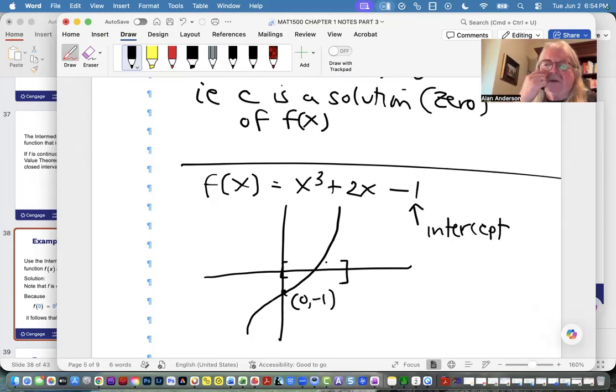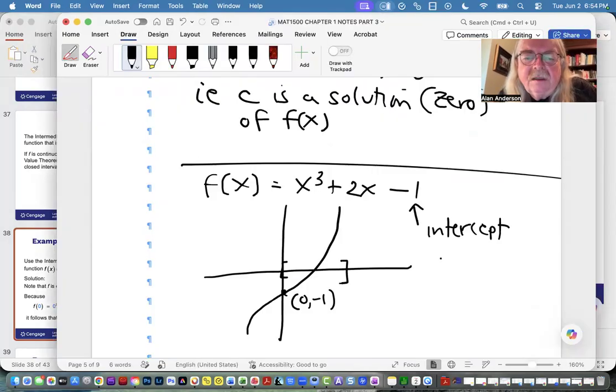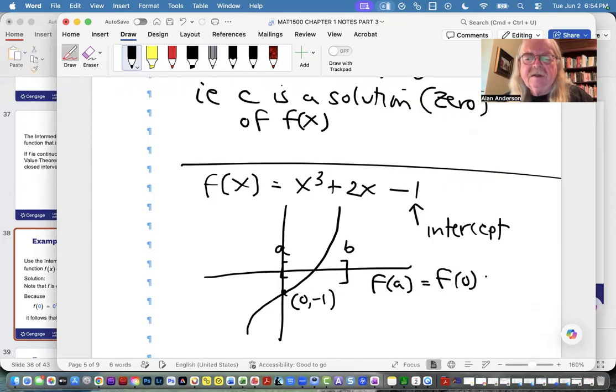It's hard to tell from this graph, but anyway, what we need to demonstrate is, first of all, this could be thought of as A, this is B. f of A is f of 0, which is -1. f of B is f of 1, which is 1 cubed.